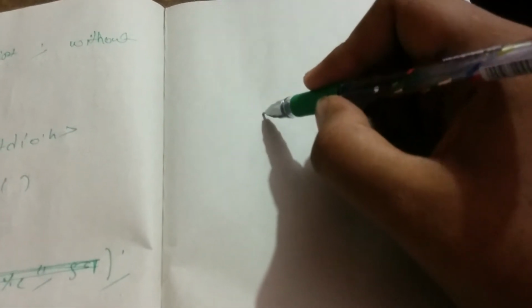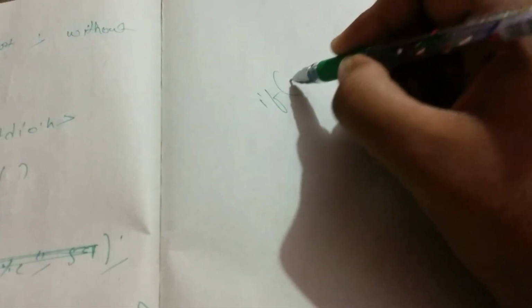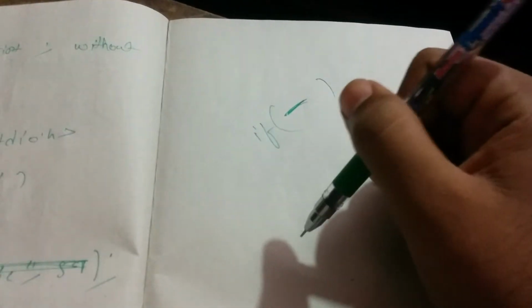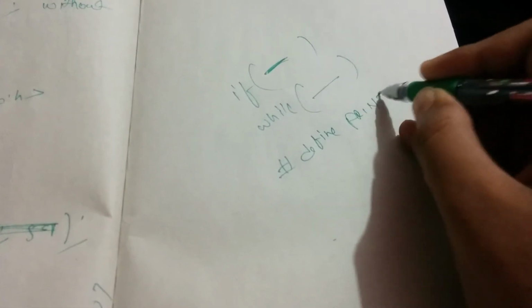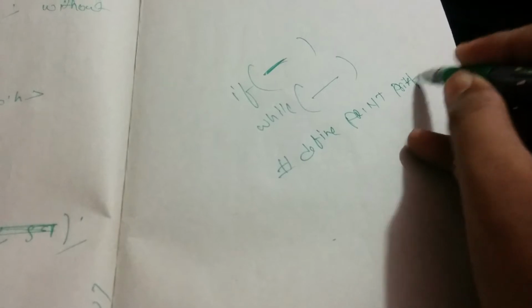So let's have a quick summary of what we have learned till now. We have used if and printf here to print hello world without using semicolon, and meanwhile we used while, and we also defined print as printf hello world.